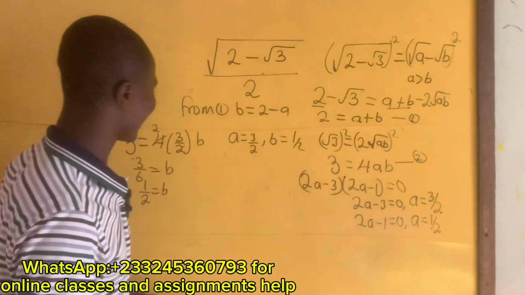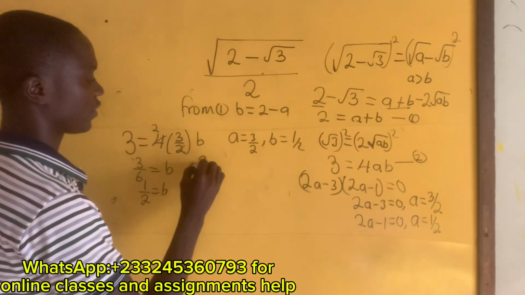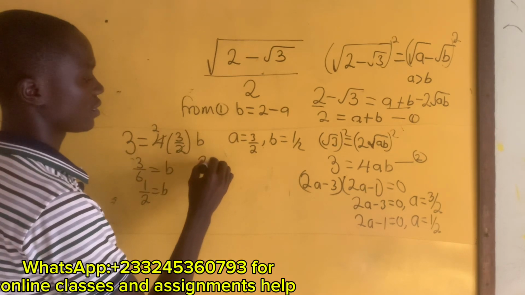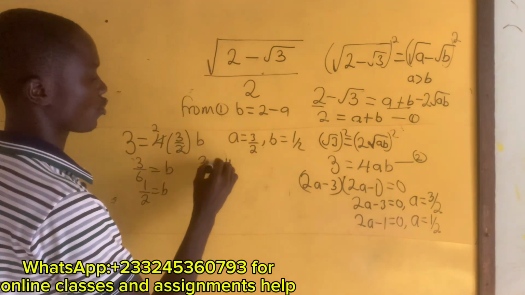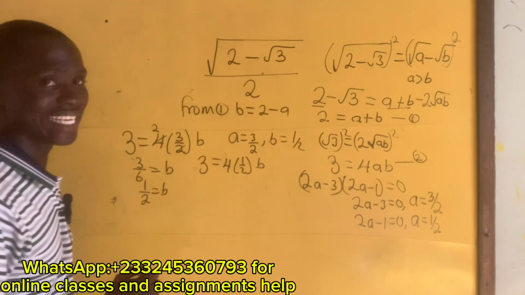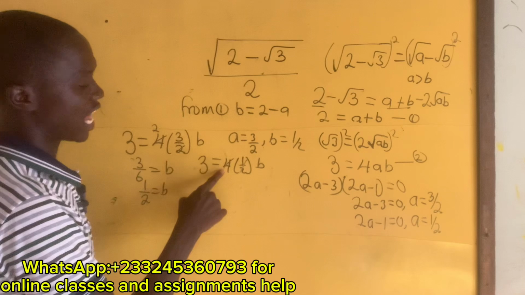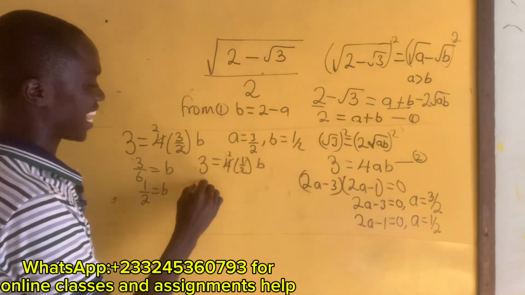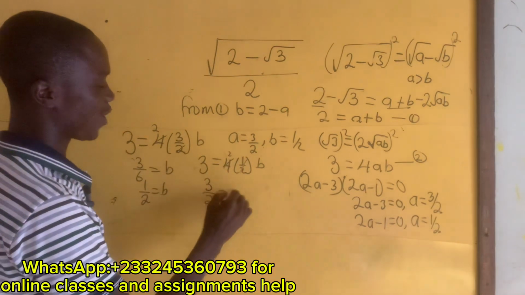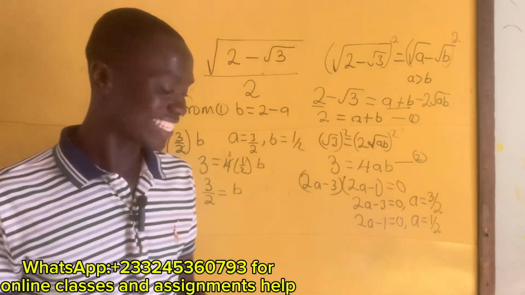That's good. Now, if we pick a equal half, we have 3 equals 4 into half times b. And here, half of 4 is 2, right? So you're going to have 3 on 2 equal b in a very simple way, right? So let's see.